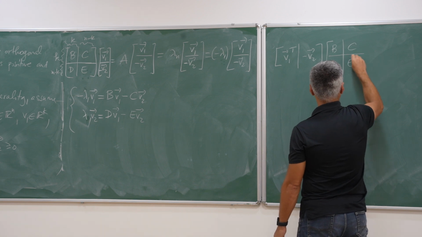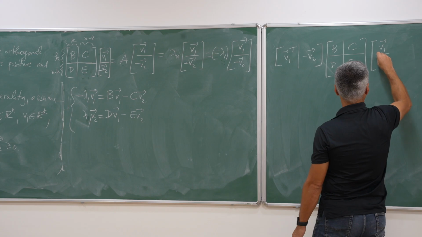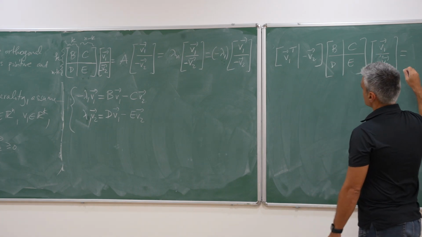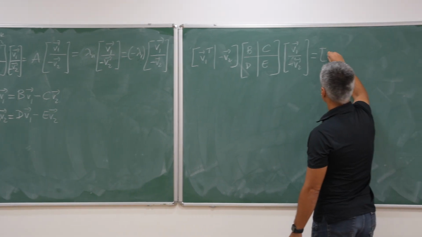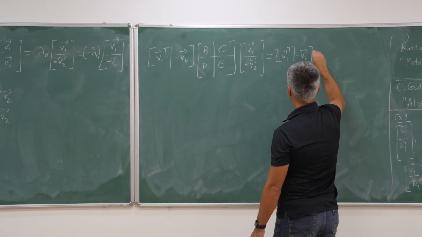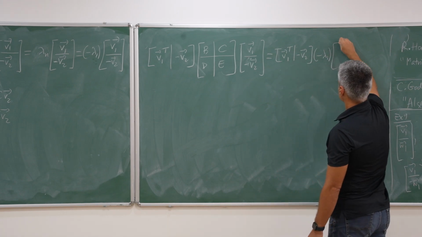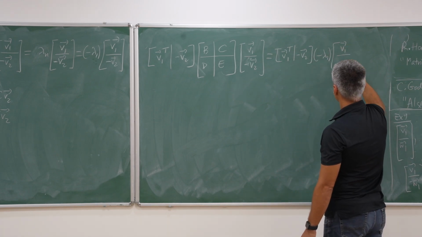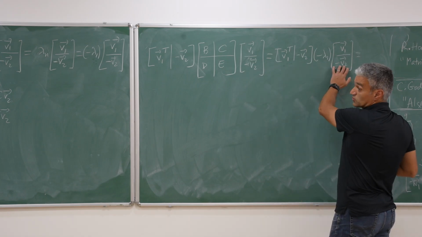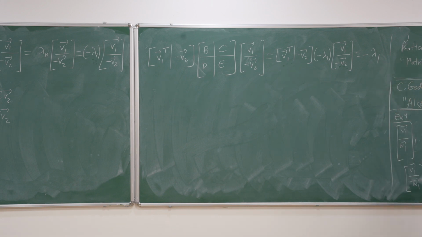C, D, E, minus v2. Here it's going to be from the left v1 transpose, minus v2 transpose, times minus lambda 1, and this with this gives me 1, so it's minus lambda 1. Okay.